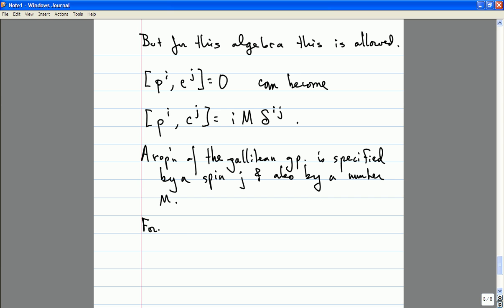And let's consider a particle of mass little m, and let's forget about a potential, anything like that. Let's just consider a free particle whose Hamiltonian is 1 over 2m p squared, and the Lagrangian is 1/2 m x dot squared.